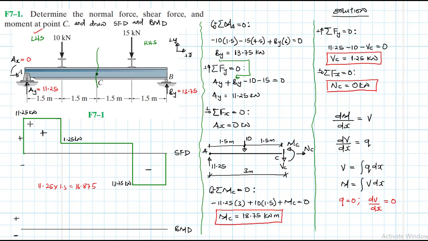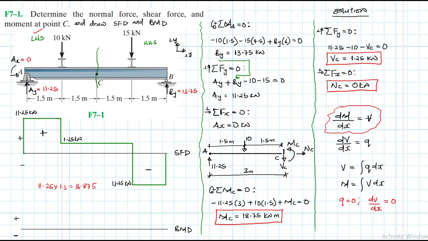So when we look at the shear, it is positive and constant. Because our shear is positive and constant, you expect the slope, look at this equation, the slope of the moment will also be positive and constant.